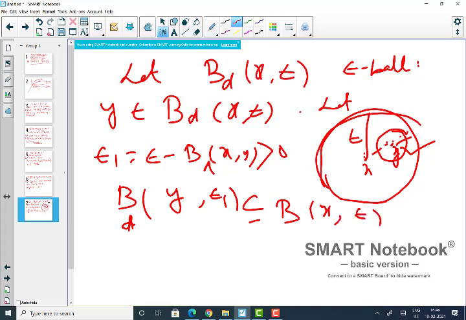Given any ball and a point inside the ball, you can always find another small open ball inside it. Okay, this property will allow us to prove the second property of the basis, which says that given any two basis elements whose intersection contains a point, around that point you can find another basis element, right?